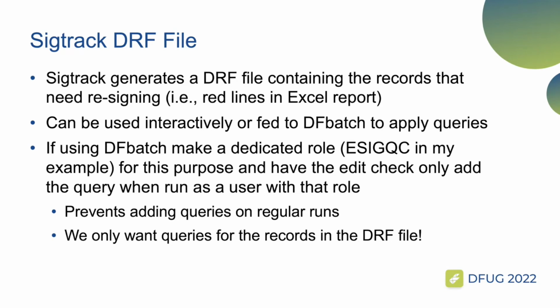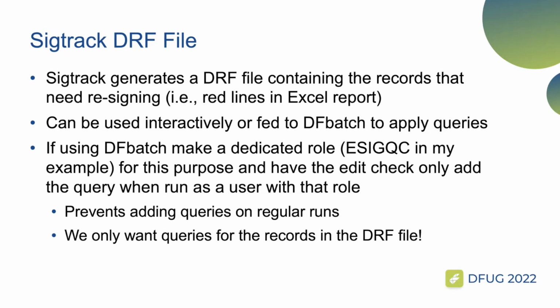The reason for that is we only want DFbatch to apply these queries when it's being run with a DRF file as input, so we're only going to affect the records that are in the DRF file. The way that I've chosen, and there may be other ways to do it, but this is the most obvious one to me, is we only want this to happen for a specific user, and we only want to use that user for this particular purpose.